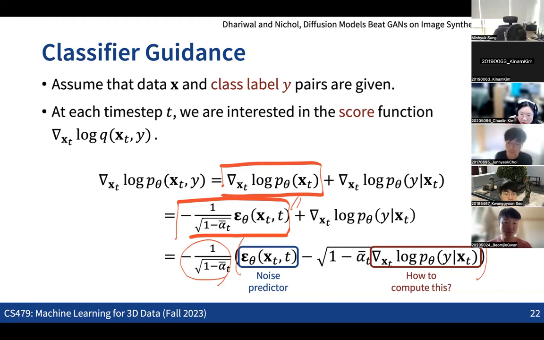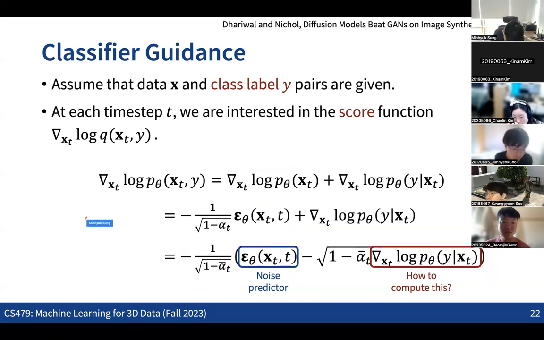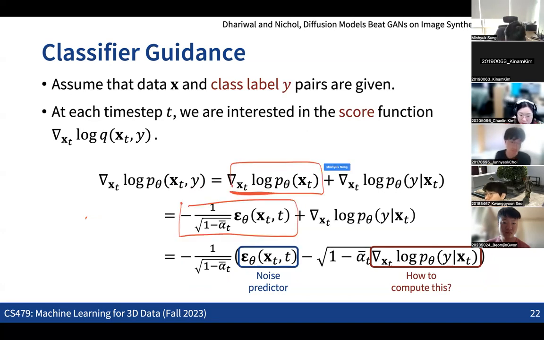So these two should be canceled out, so that we are basically multiplying this to the score function of the conditional probability. Does it make sense? You can see that these are nothing but basically this and this score function. These two are the same.